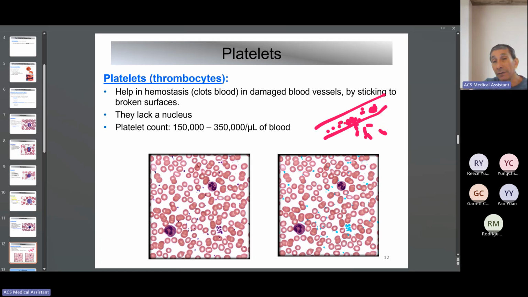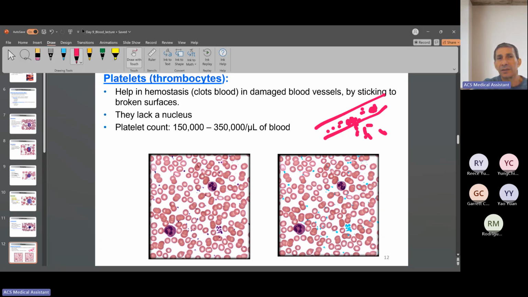And if you have less than normal platelets, now your blood is going to be too thin. So now you're going to bleed, you're going to bruise very easily. And remember, when we said we're going to bleed internally. And that's why we develop all these bruises on our body if we have low or deficient platelets. So that's how these function.